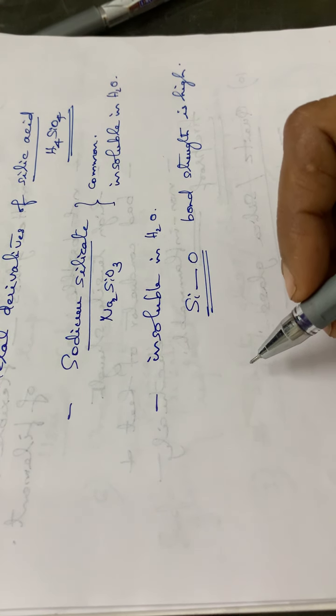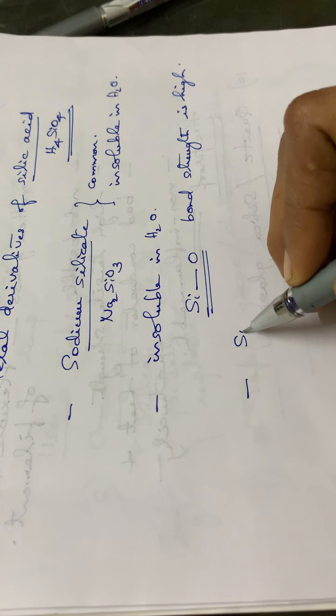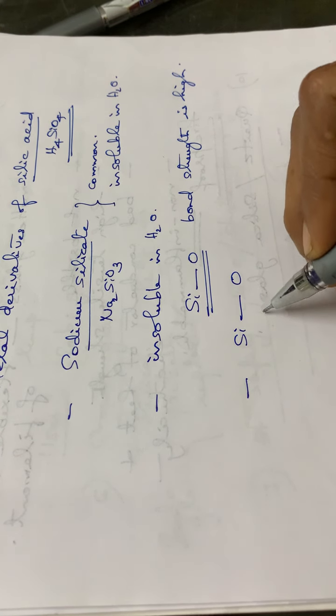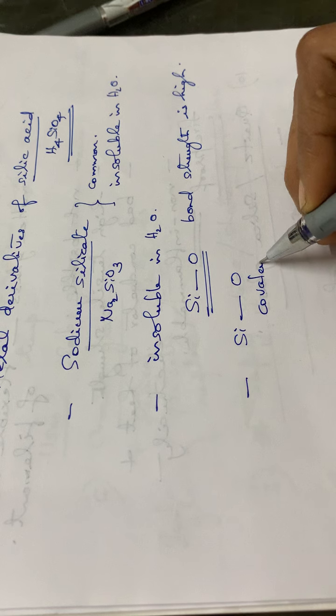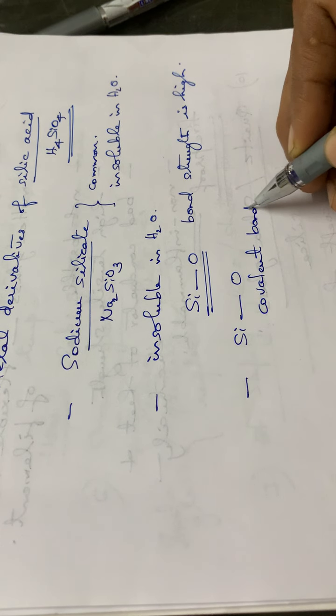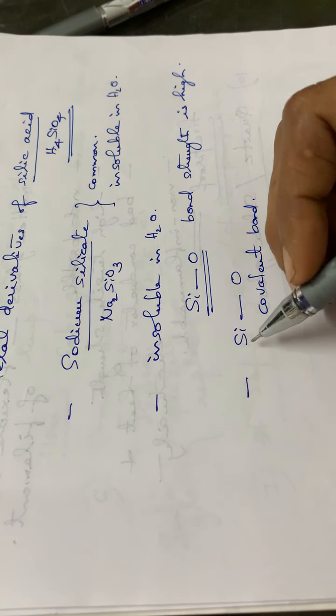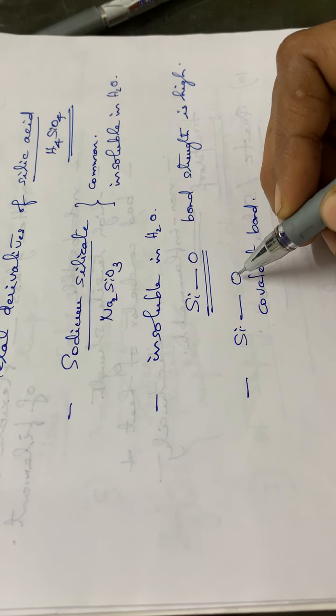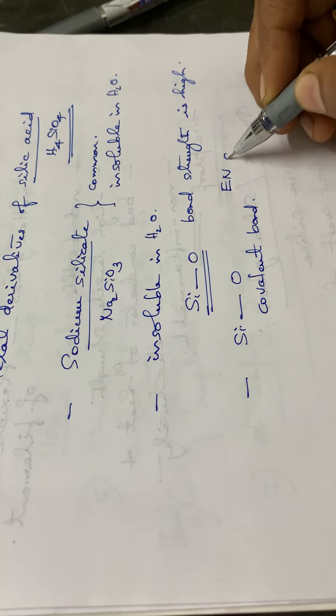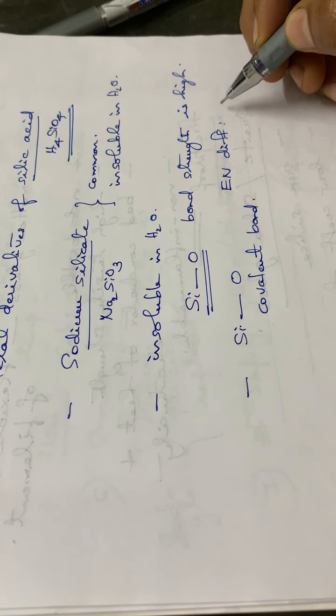Normally this Si-O bond is a covalent bond, but the electronegativity difference between silicon and oxygen is very high.